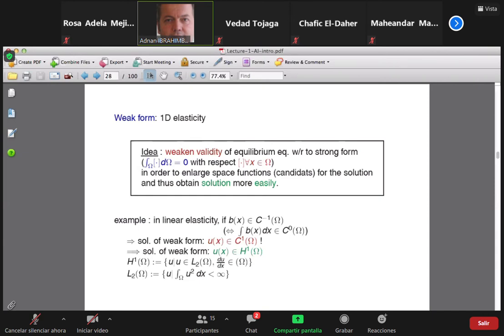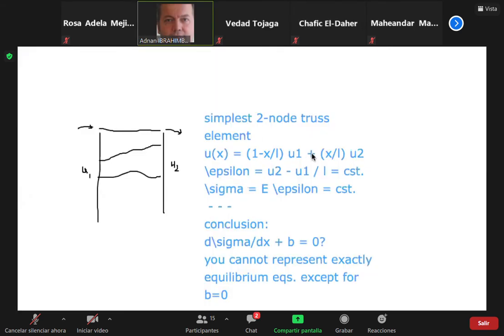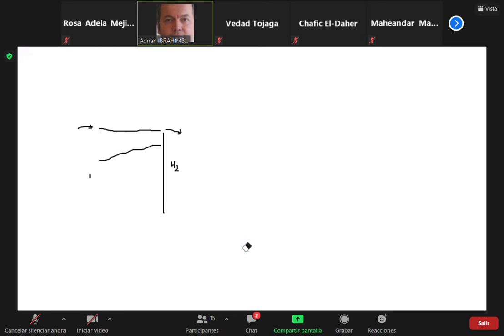What does that mean? If I go back to my whiteboard, typically if you say a solution which would be in C1, it would be something like that. I would have something that is continuous, and the first derivative should be continuous.